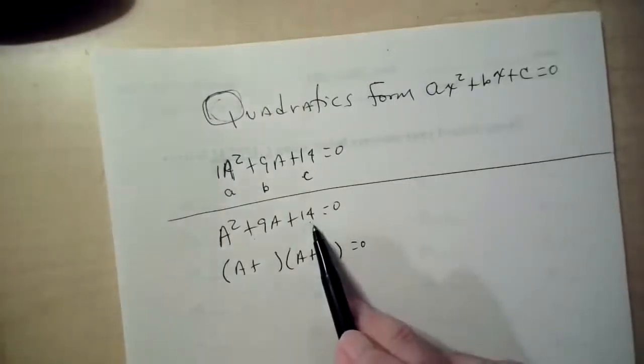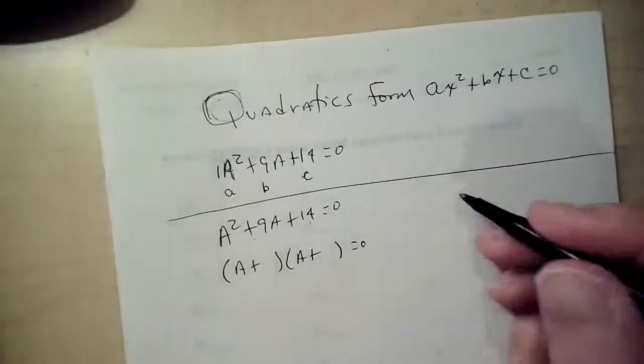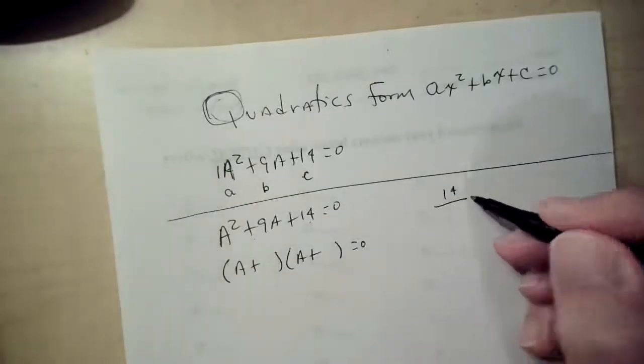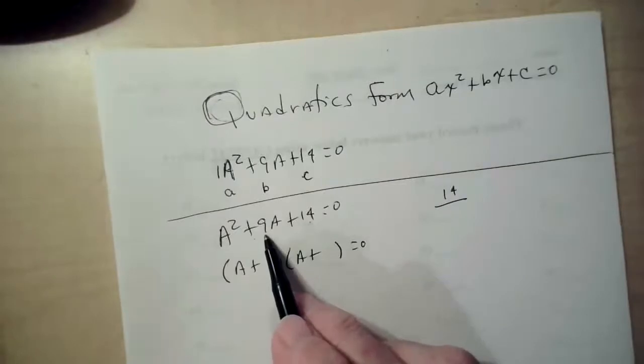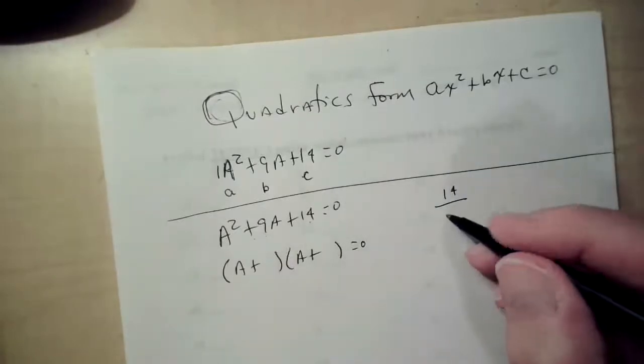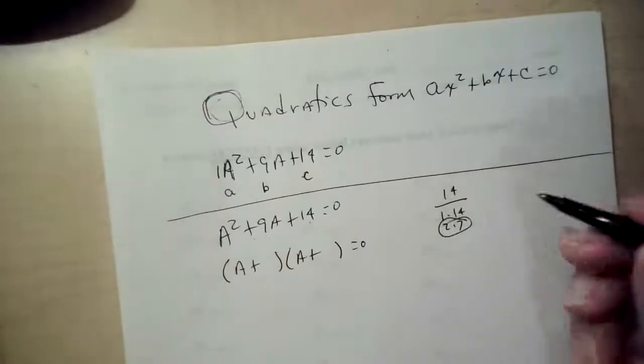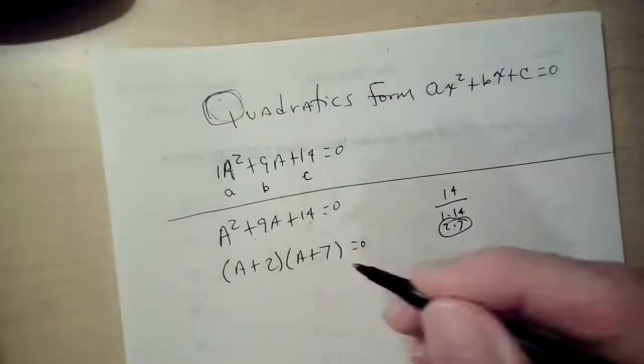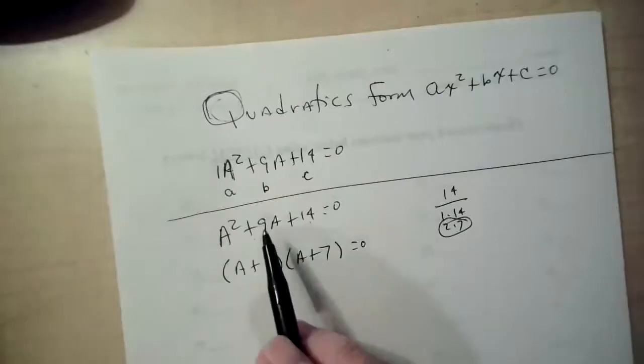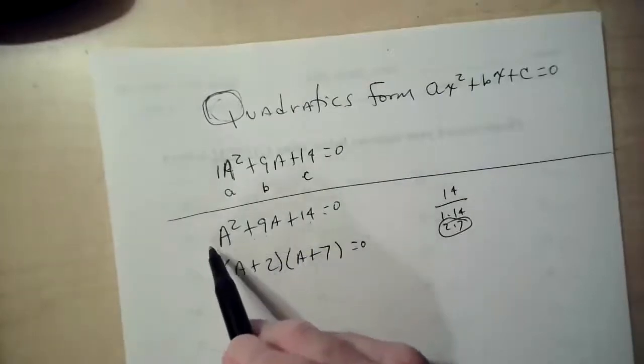We want the factors of 14 that add up to 9. 1 times 14, no. 2 times 7, that's it, isn't it? So it's 2 and 7. Those are the factors of this quadratic.